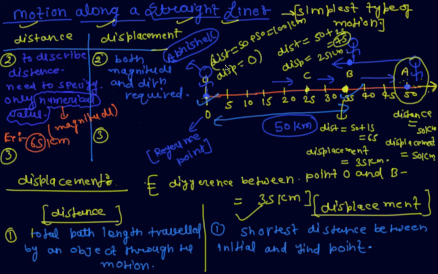Now if you clearly observe this situation, you can say that distance is always greater than or equal to displacement. And one more conclusion: displacement may or may not be 0, but distance is never 0.